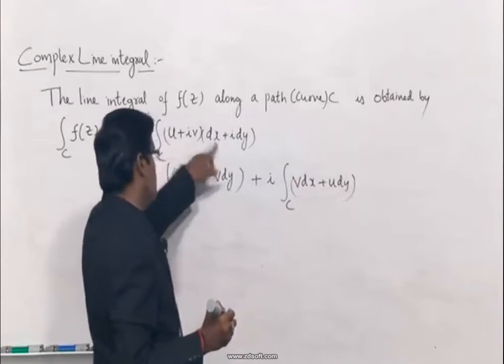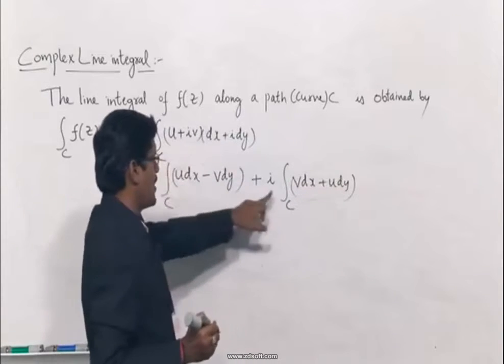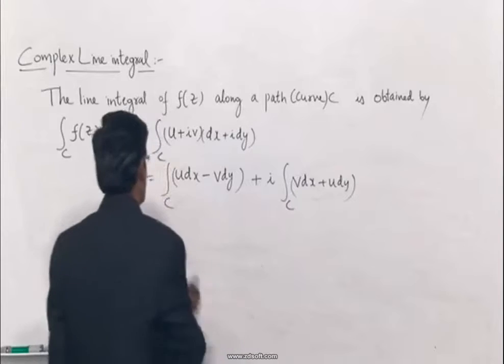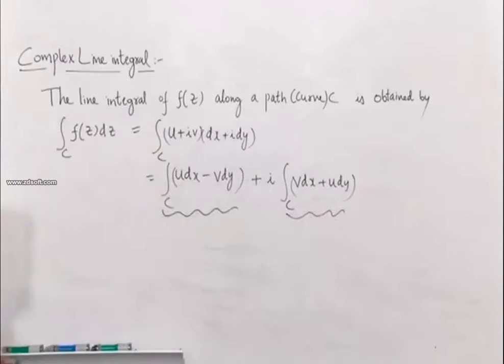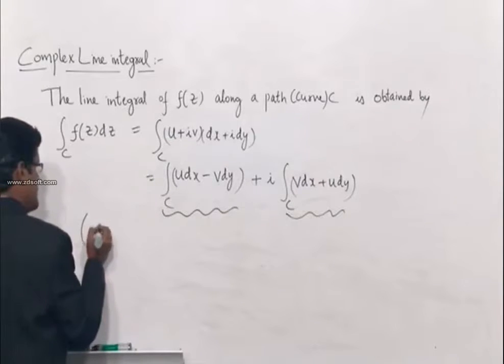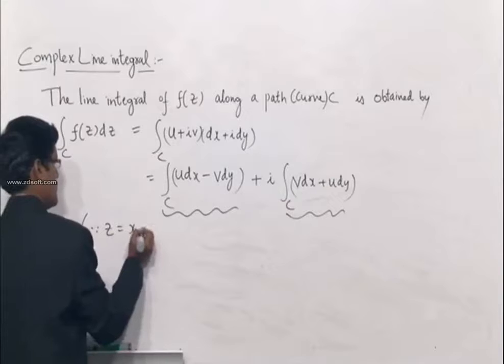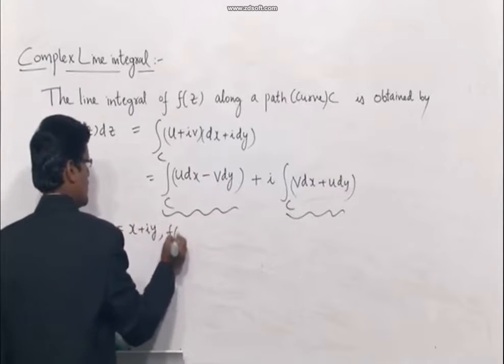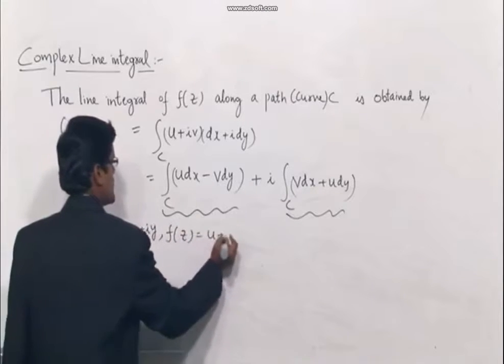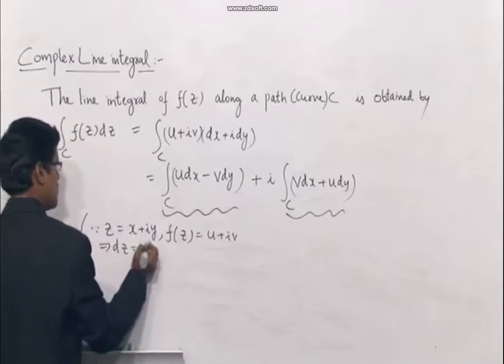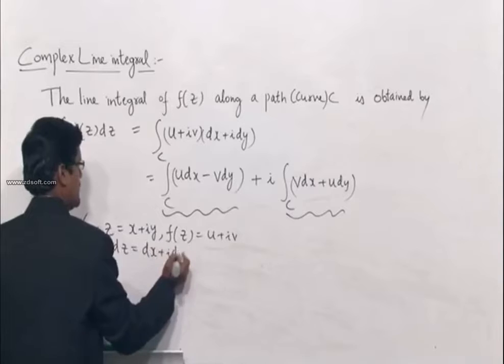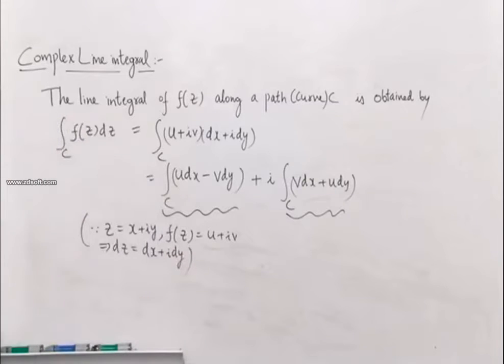So this is a real integral and this is a real one. Finally it is a complex line integral. Since z is equal to x plus iy and f of z is equal to u plus iv, dz, the differentiation of z, is dx plus i dy. This is the reason.